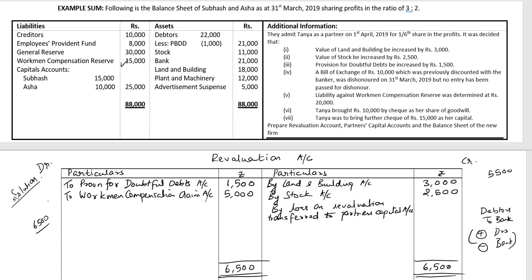We need to distribute the loss among the old partners in OPSR. Old partners Subhash, Asha. Total loss 1,000 rupees in 3:2, 600 against Subhash and 400 against Asha. So we've prepared the revaluation account.